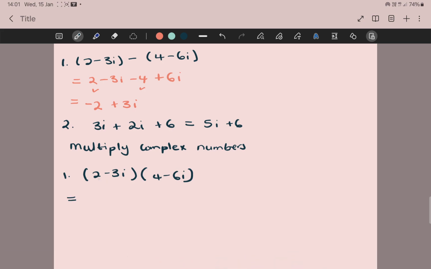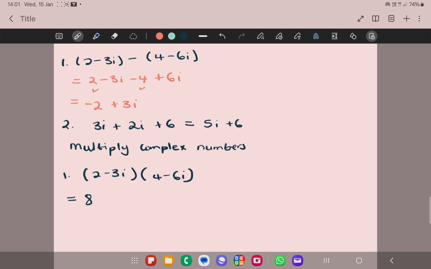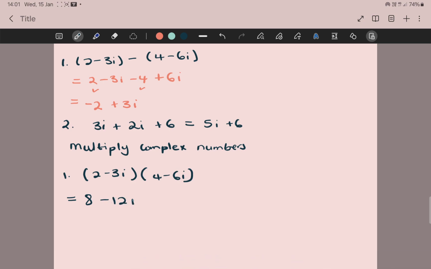I'm going to have 2 times 4, which is 8. Then 2 times minus 6i, which is minus 12i. Minus 3i times 4 gives me minus 12i again. Minus 3i times minus 6i will give me plus 18i squared.